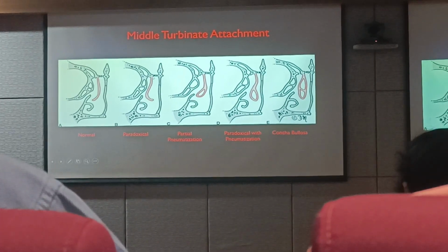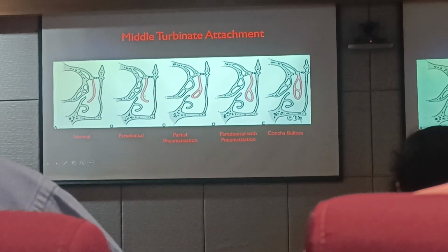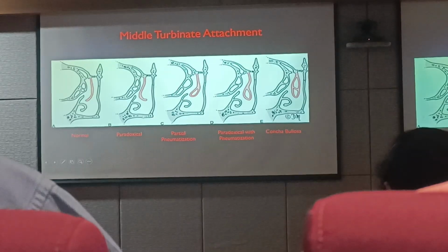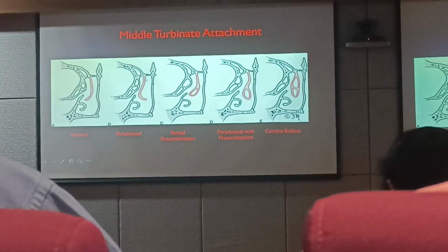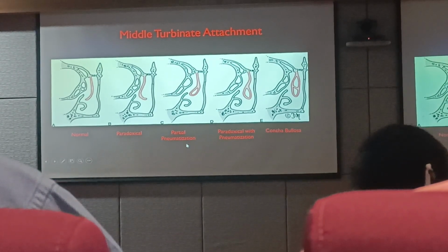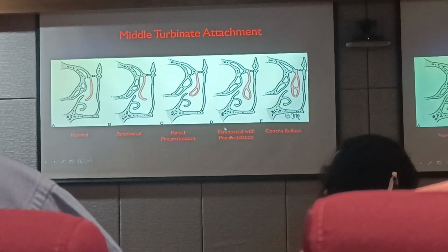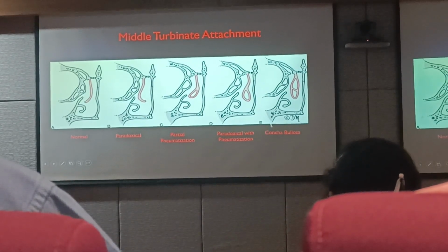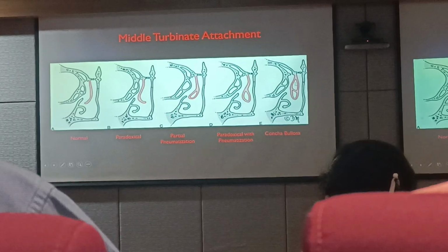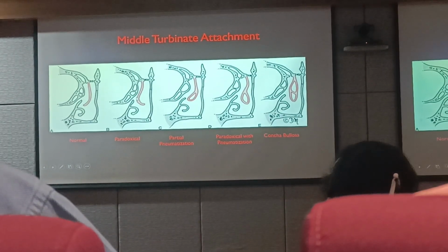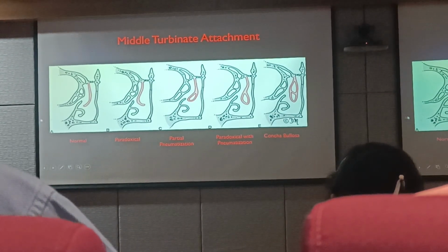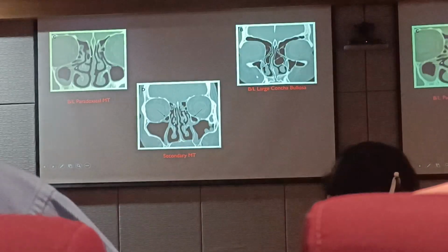Can you see this turbinate which is curved paradoxically? Most of the turbinates are turning medially. This is turning almost laterally, right? Then this is partial pneumatization of the turbinate. This is paradoxical with pneumatization. This is concha bullosa. Is this clear? So all the middle turbinate variations are there, all of them attached here to the skull base, right?